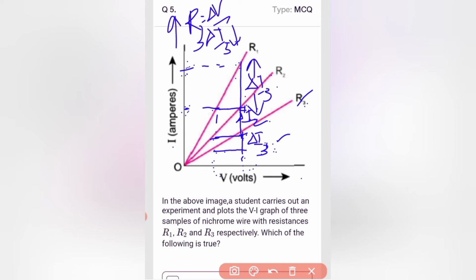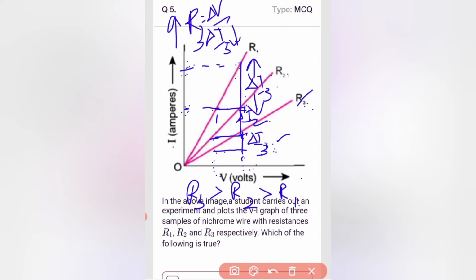R3 is more when compared to R2, and R2 is more compared to R1. So we can say R3 is more than R2, R2 is more than R1. So R1 is having the least resistance, and R3 is having the highest resistance.